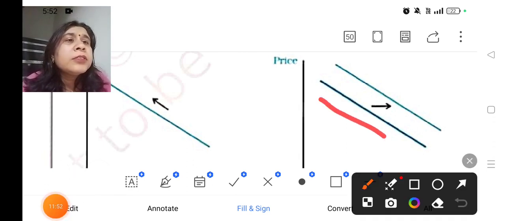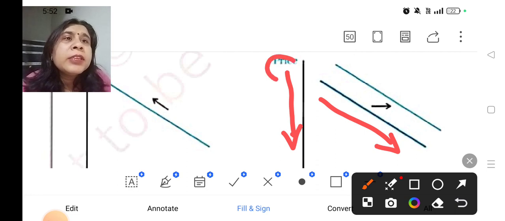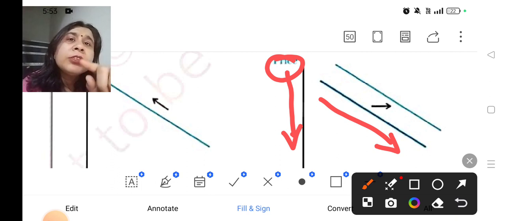See, this curve is our initial demand curve, that is, the price of a commodity declines and the demand expands. This is expansion and contraction in demand. Now let us assume that price doesn't change, it remains constant, but the preference of a consumer changes in favor of some other product.